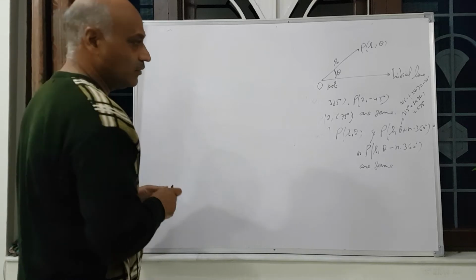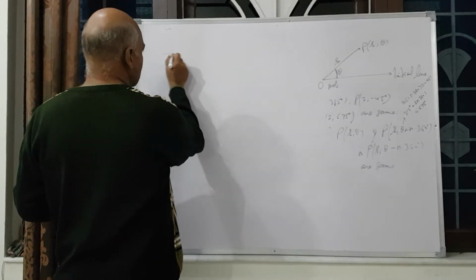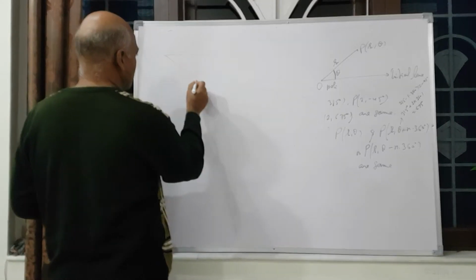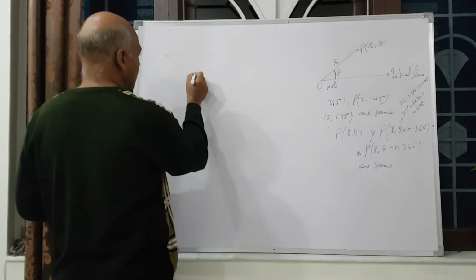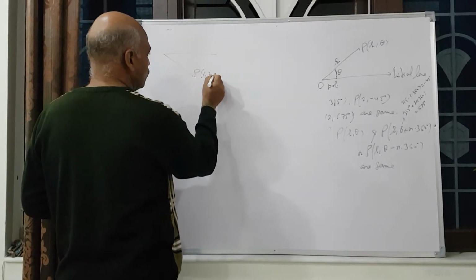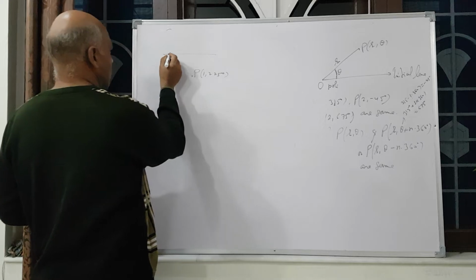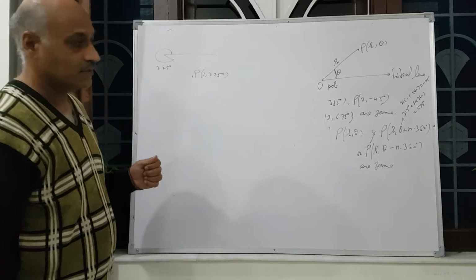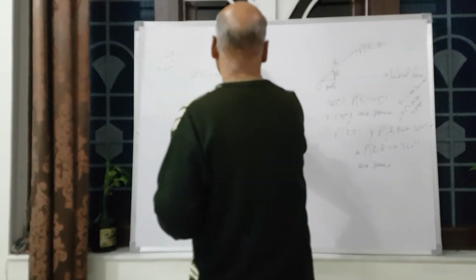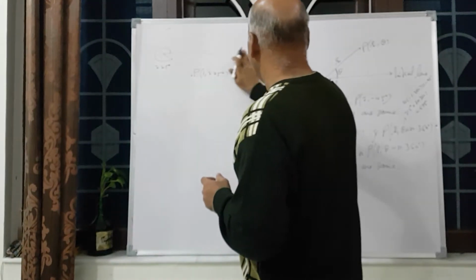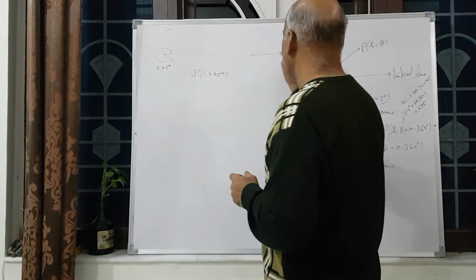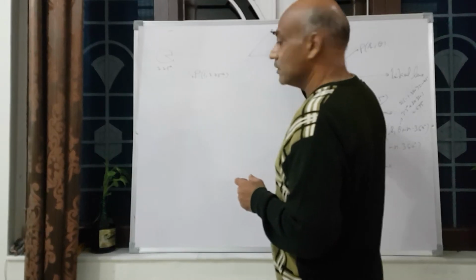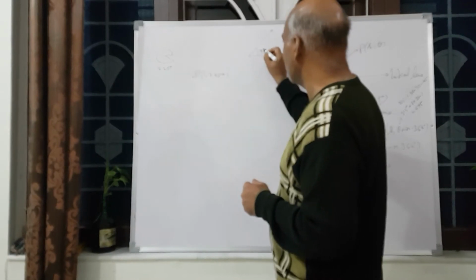Now here we see, suppose this is point P at 225 degrees. And a point here that moves, this is angle 45 degrees.